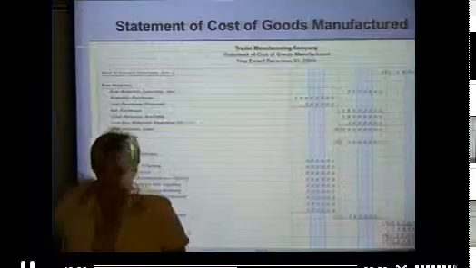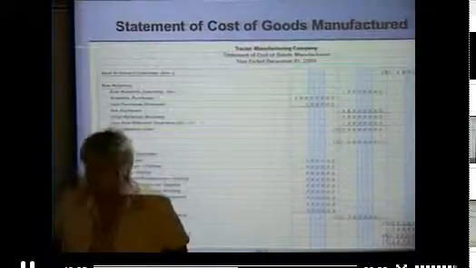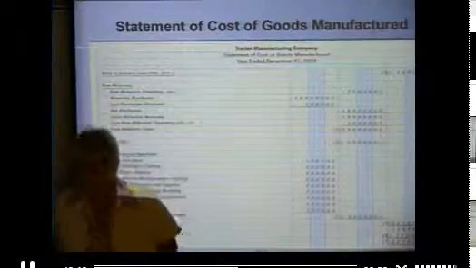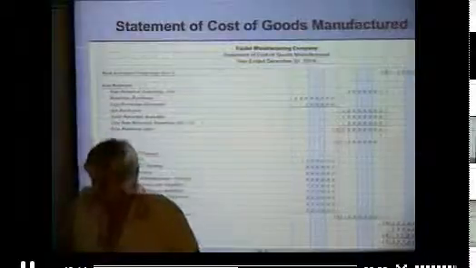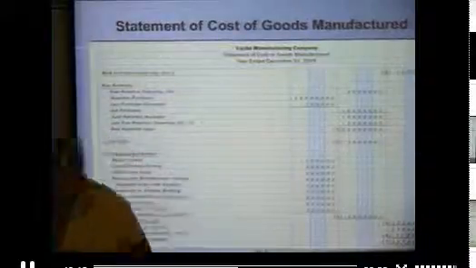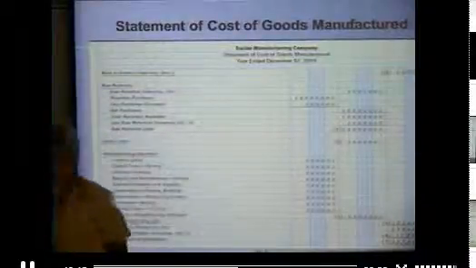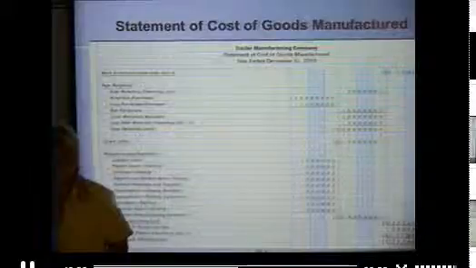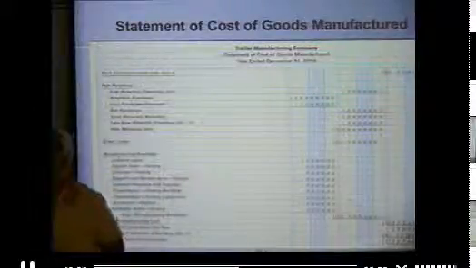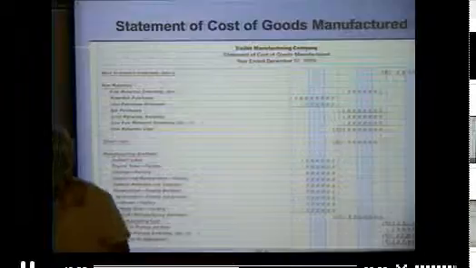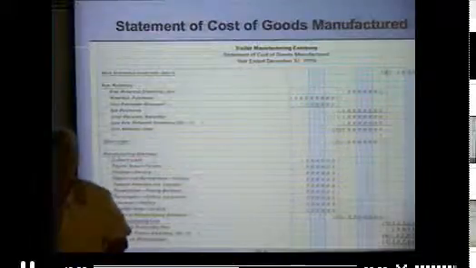Supplies, depreciation, all those things where you learned how to allocate your indirect costs. To come up with your total manufacturing cost for the year and your total work in process for the year is the work that hadn't yet been completed, currently being worked on.